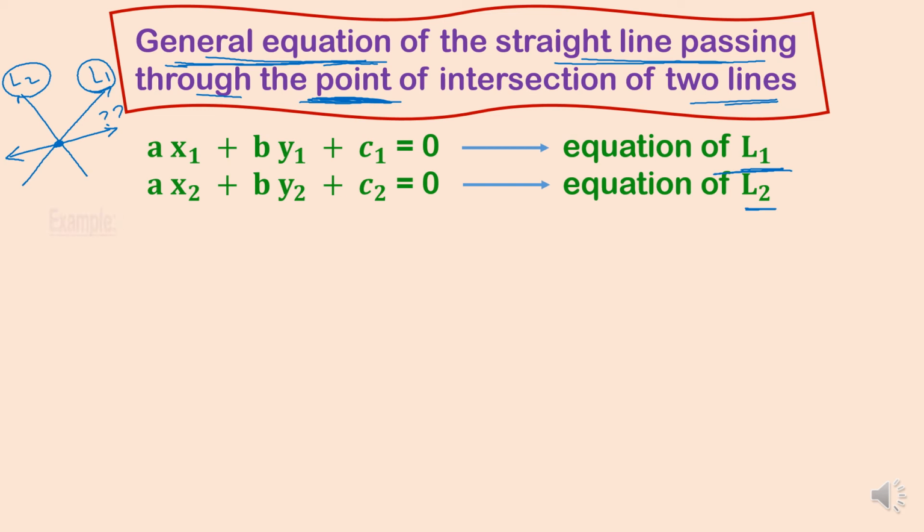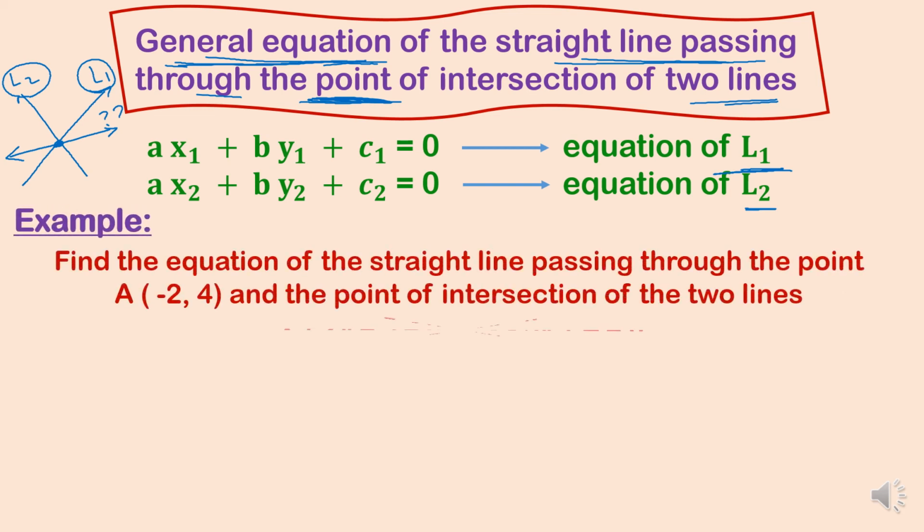Let's have an example. Find the equation of a straight line passing through the point A and the point of intersection of the two straight lines x plus 2y minus 5 equals 0 and 2x minus 3y plus 4 equals 0.